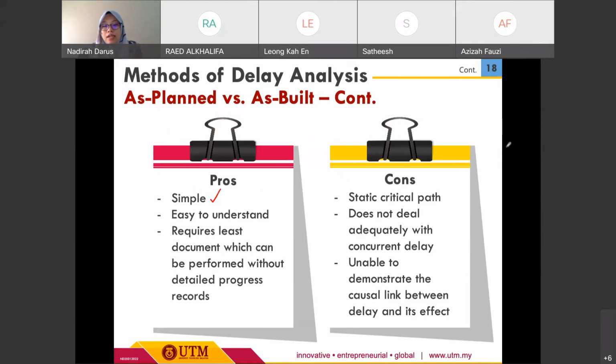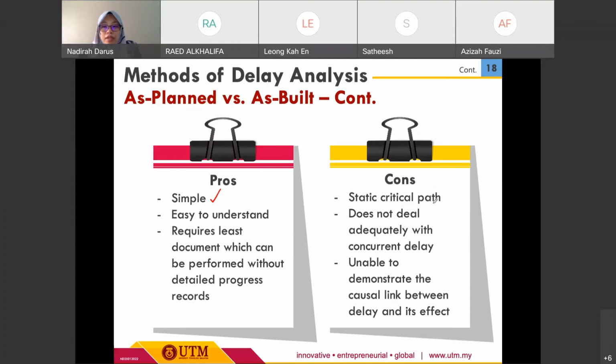However, it still has its own disadvantages, especially in terms of the static critical path. It is usually suitable only for a static critical path and does not deal adequately with concurrent delays.